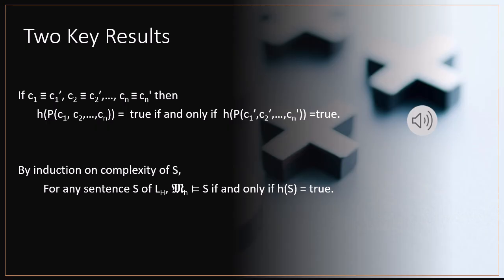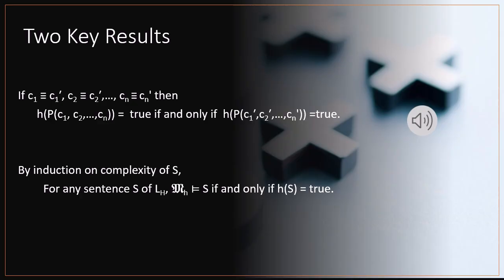Now, the second is that by the way that we constructed this, we can now use induction on the number of connectives in S to prove that for any sentence in our expanded language L sub H, this structure satisfies that sentence S if and only if our truth assignment that we started out with from the very beginning, which made the Henkin theory true, also marks S as true as well.